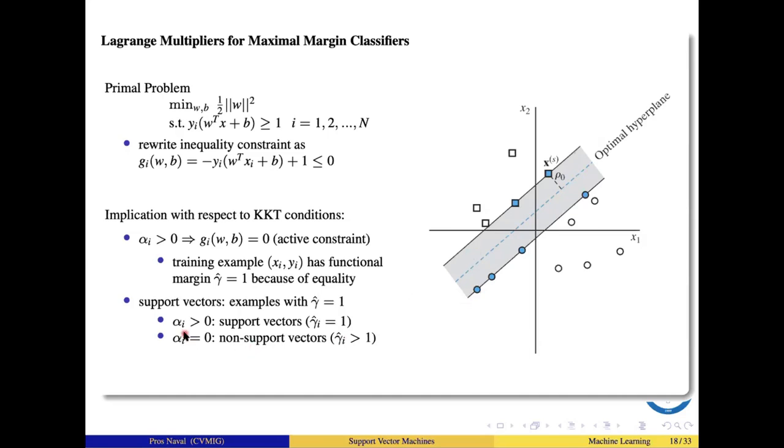So again, when the alphas are non-zero, the corresponding training example will be active. And when alpha is equal to 0, you have non-support vectors. These are the vectors that are not part of this boundary. So that's the interpretation.